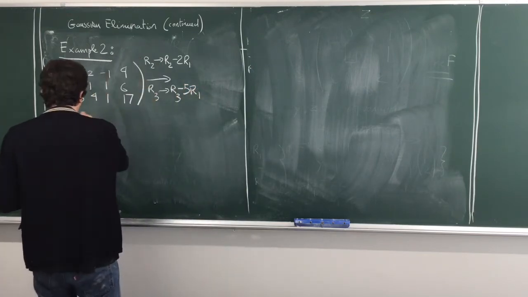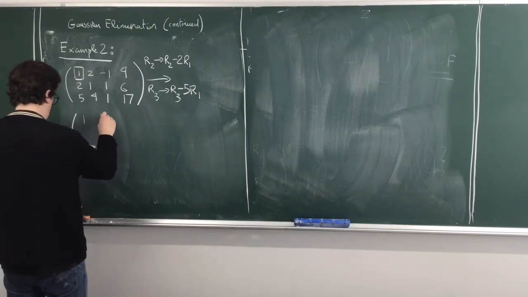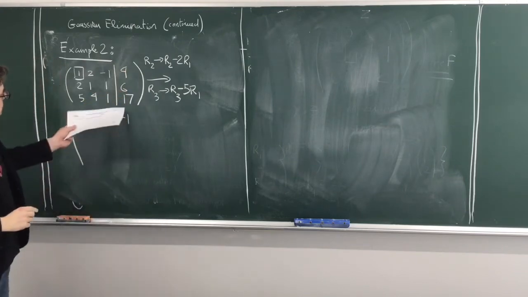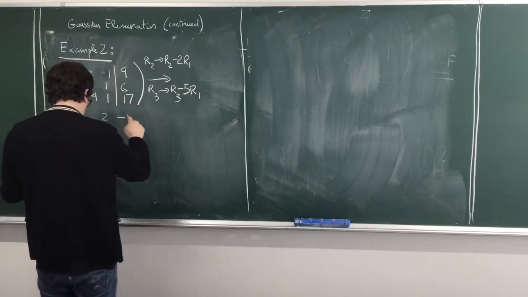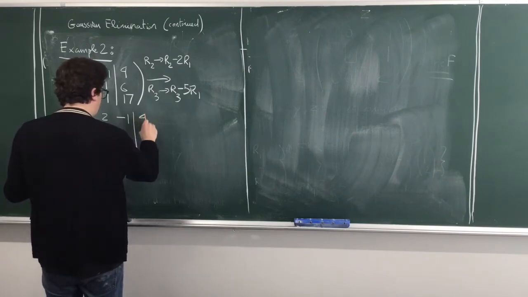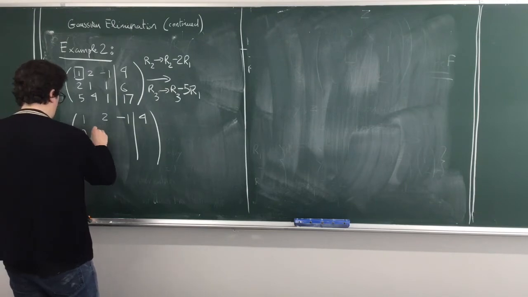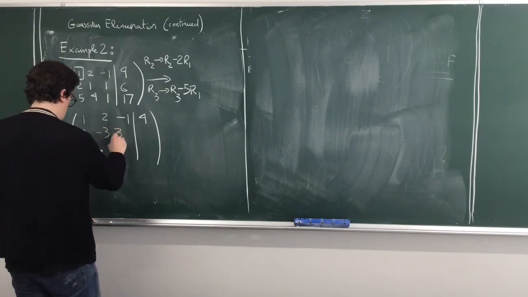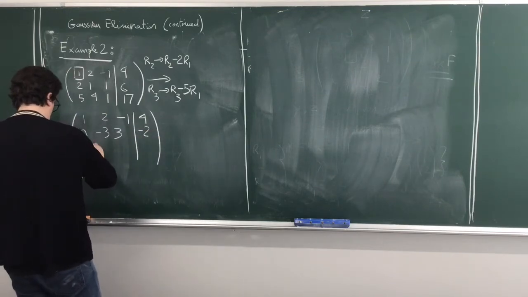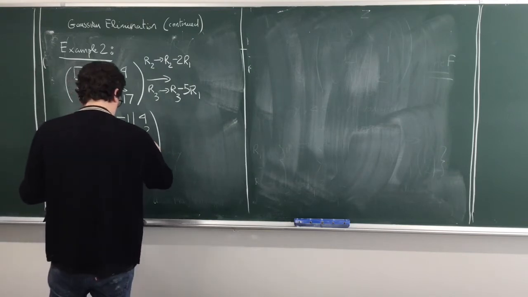Okay, if we do that, we will get the following: 1, 2, minus 1. Sorry, it's an augmented matrix, so I should put a vertical bar here. 1, 2, minus 1, 4. And then 0, minus 3, 3, minus 2. And then 0, minus 6, 6, minus 3.